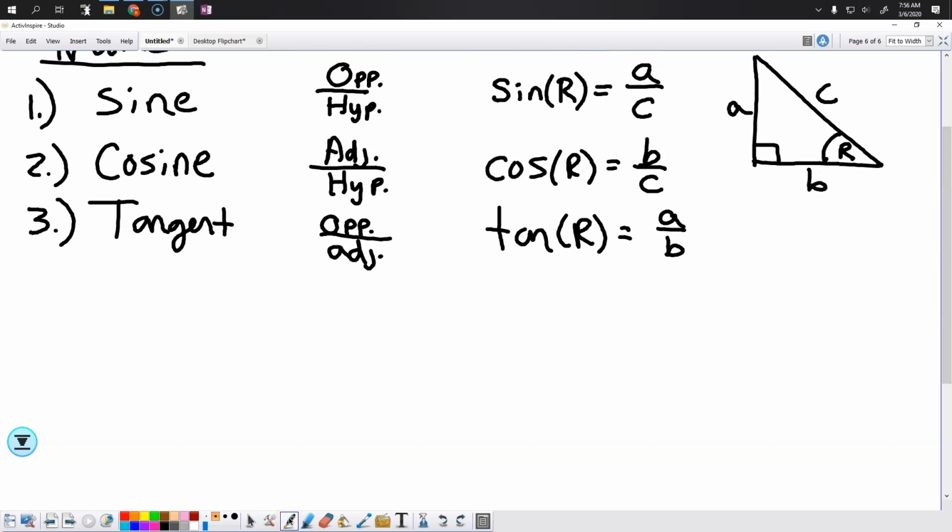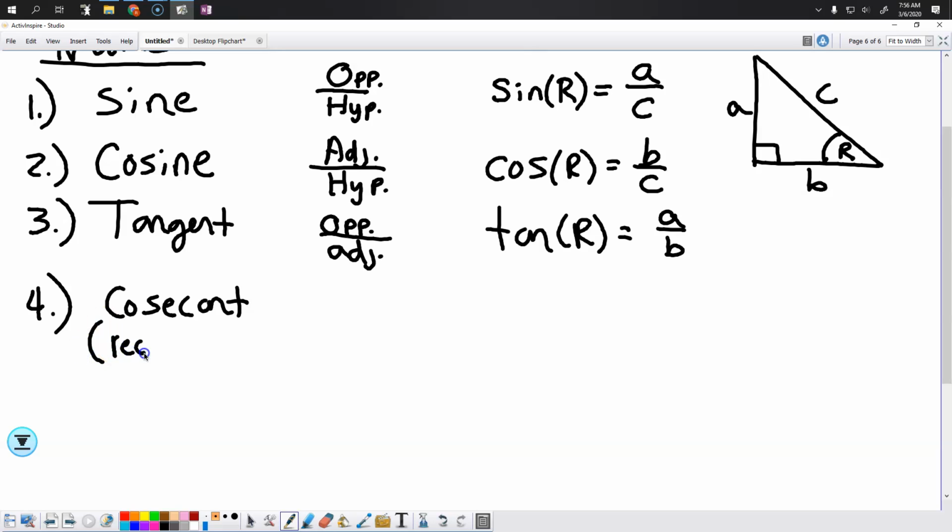Okay. Now, the next one is going to be cosecant. I'm writing the abbreviation. Cosecant. In parentheses here, I'll write it.